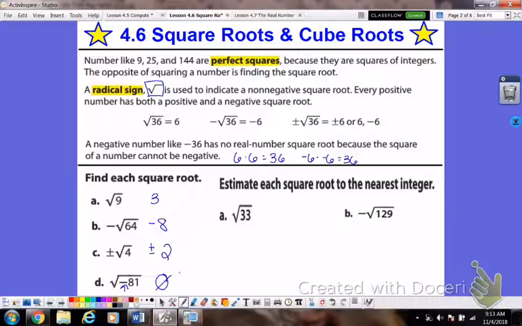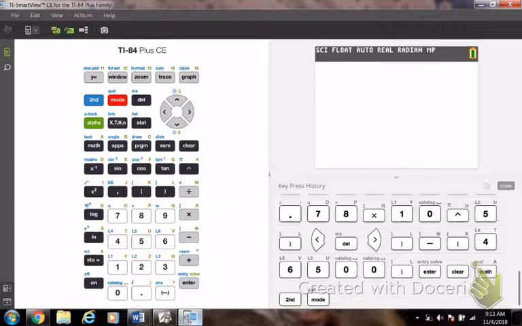Over here, square root of 33 and negative square root of 129, we want to estimate the square root to the nearest integer because they are not perfect squares. So we're going to go to our calculator, and square root of 33. To do your square root, you see right over here, next to your x squared button that we've been using, right up above in blue, there is a radical sign.